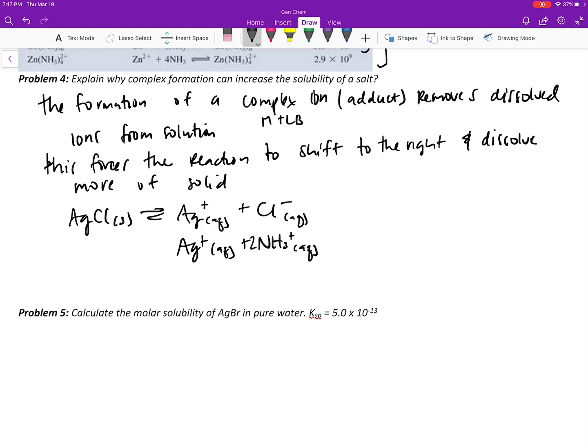And it turns out that for every 2 ammonias, it's going to react with 1 silver to form this complex ion. Sometimes you're going to see brackets outside to protect the formula, like that.